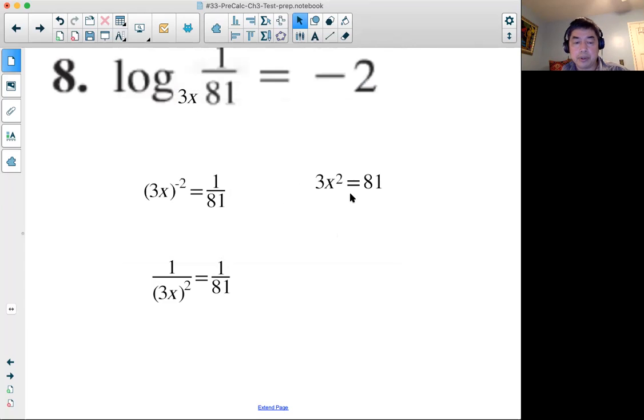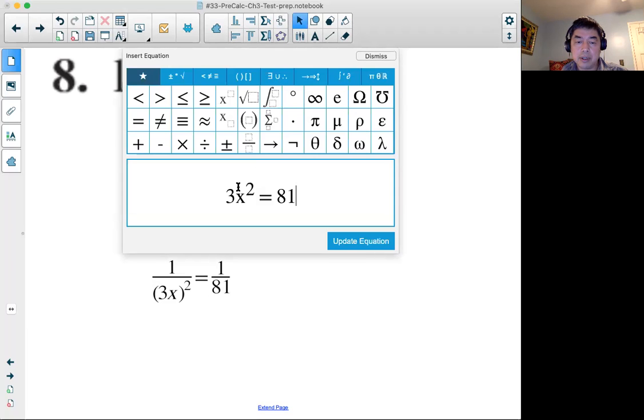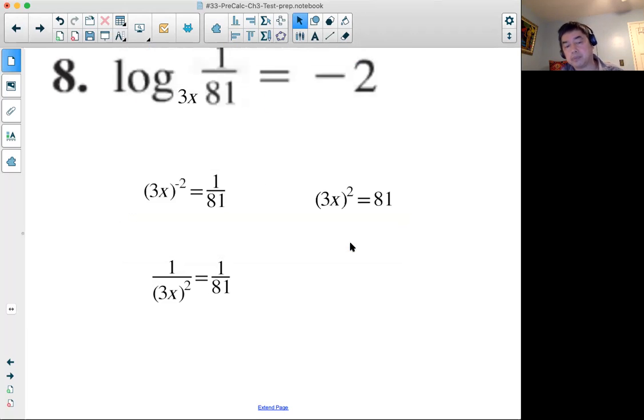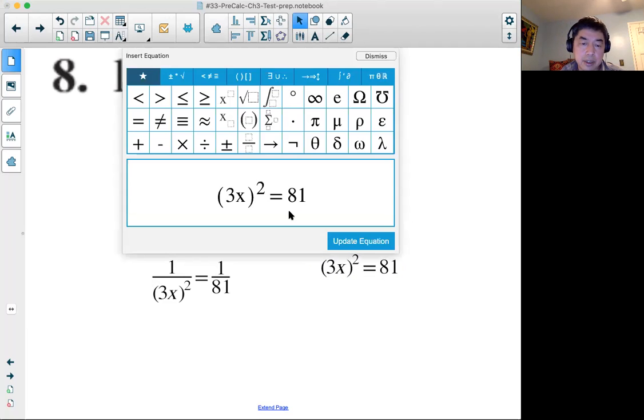Take a look. Again, I forgot the parentheses here. Okay. Now let's take care of the exponents. So 3x times 3x is 9x squared.